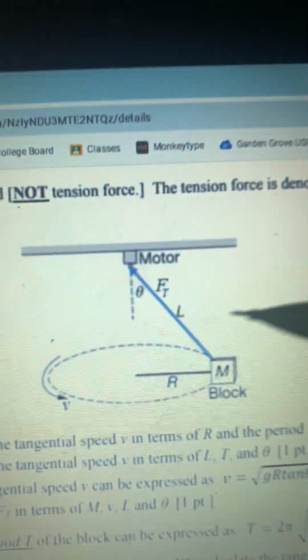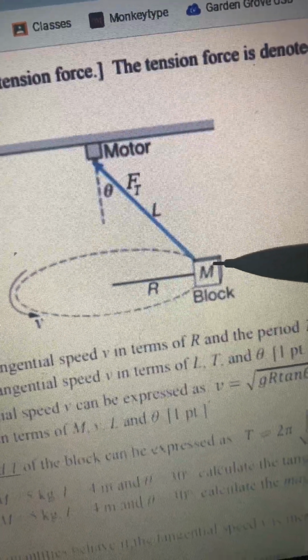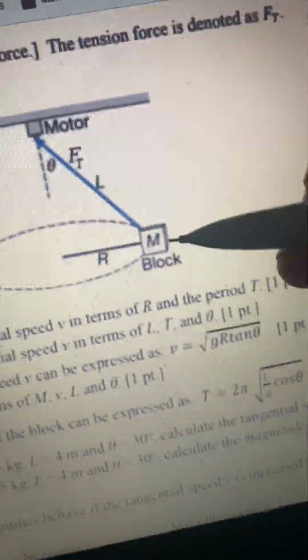So we derive that Ft is equal to mg over cosine theta, since this would be the same thing as Fg over cosine, as mg is going down.